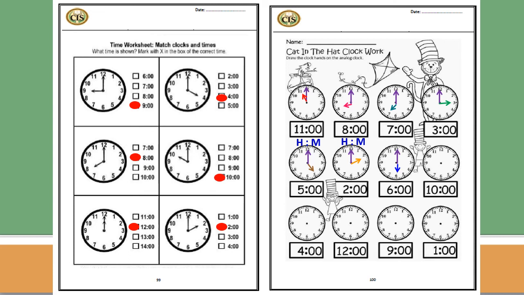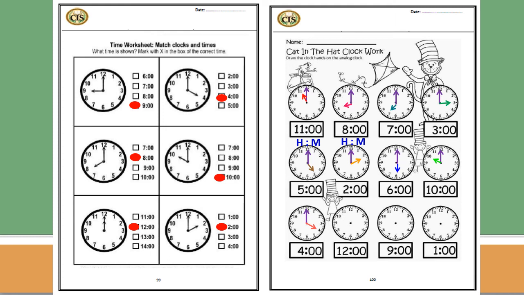10:00. 10 for hours, 0, 0 for minutes. So the short hand points to 10 and the long hand points to 12. 4:00. The short hand points to 4. The long hand points to 12. Here 12:00. 12 for hours and 0, 0 for minutes.